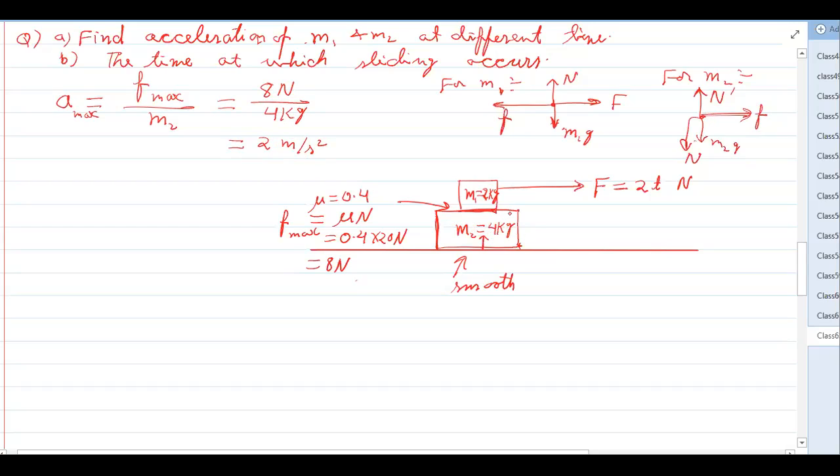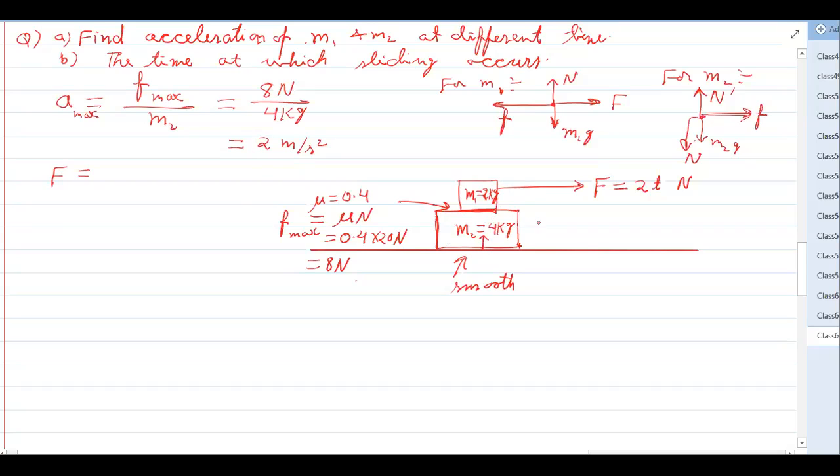So considering this maximum acceleration of 2 meters per second square, we can assume that they are moving together till the force reaches that maximum value. This acceleration will be the acceleration of the joint, combined motion.